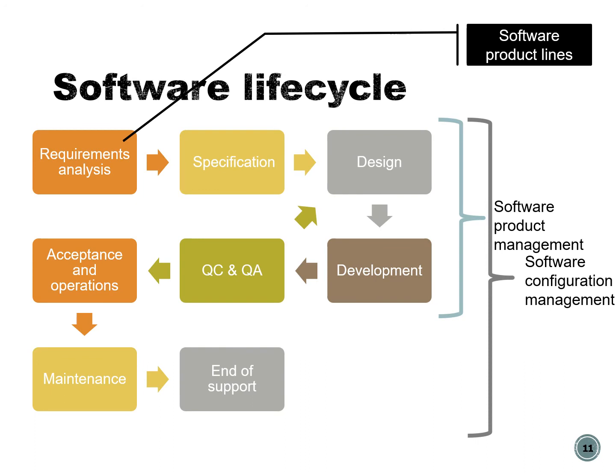So, considering where does this fit in our software lifecycle? Of course, the software product management, which was already mentioned first, is more or less the way of doing software products.